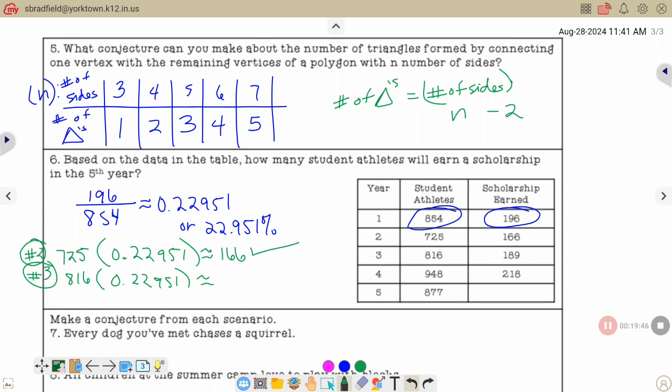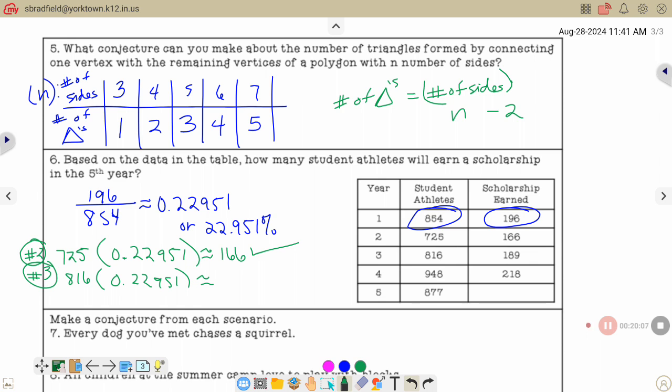Wait, why did we make it a percentage? Well, whenever we find the percent of something, we always change it to multiply and change it to a decimal. So I'm really finding out what about 23% of it is. But I have to change it to a decimal to get that.